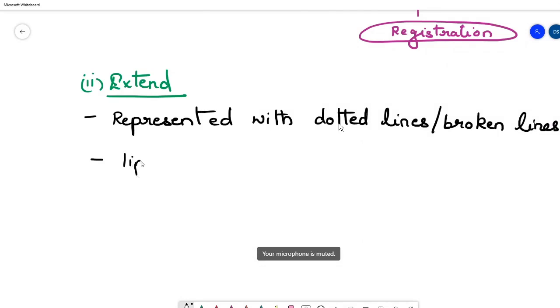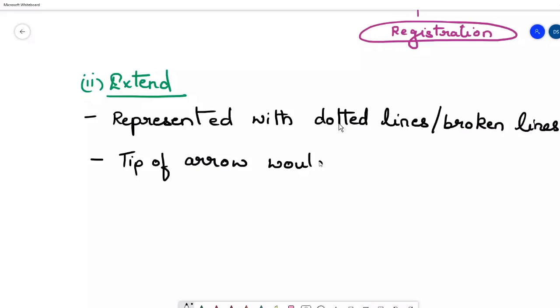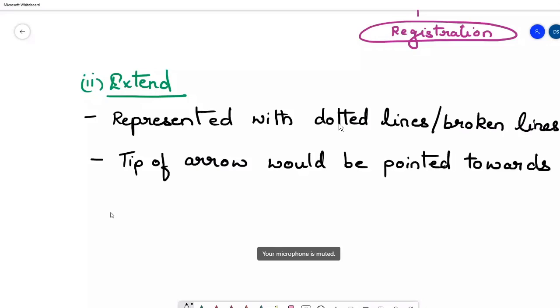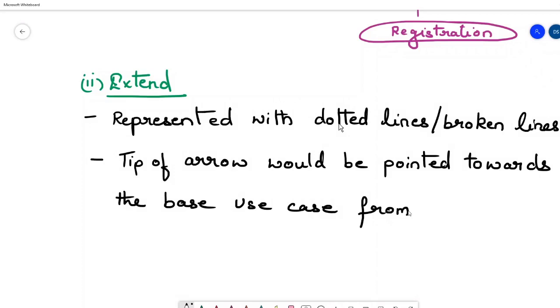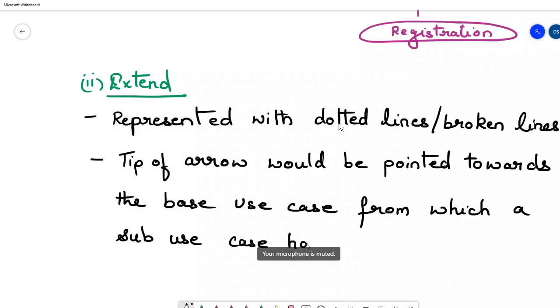So the tip of the arrow would be pointed towards the base use case from which a child or sub use case has been derived.